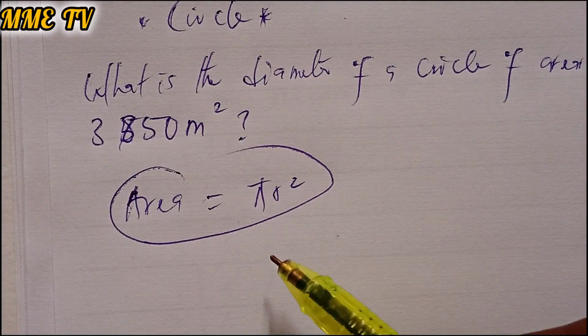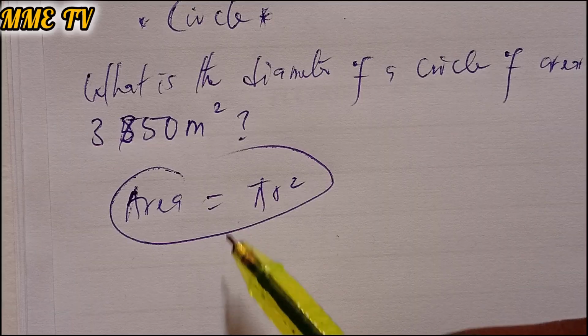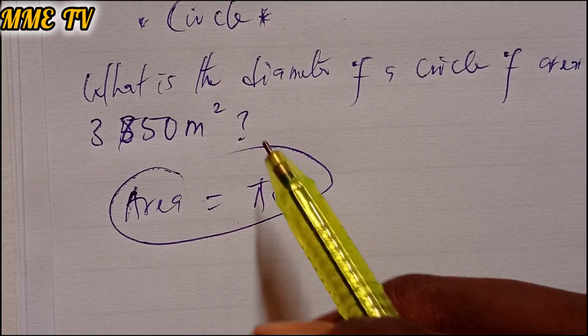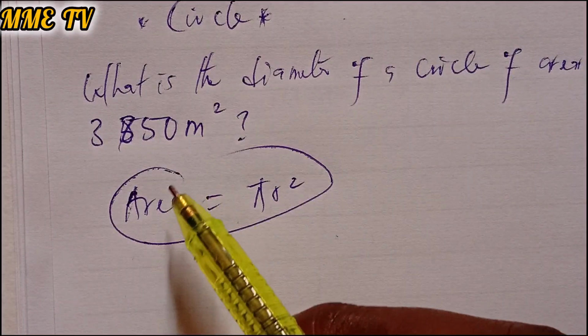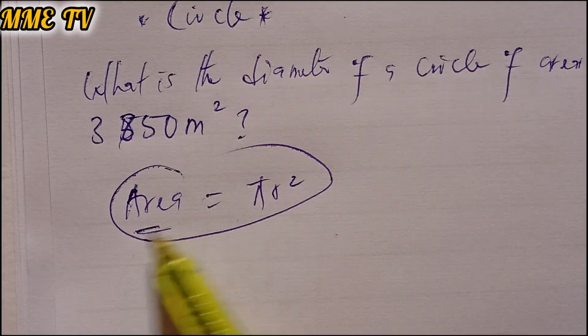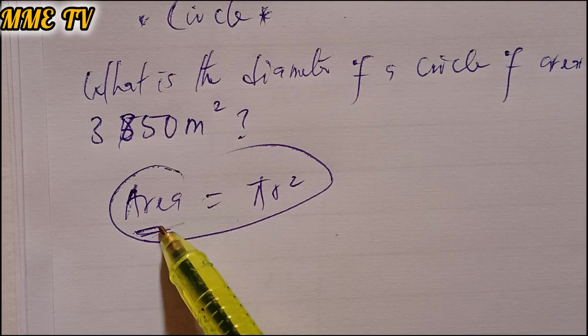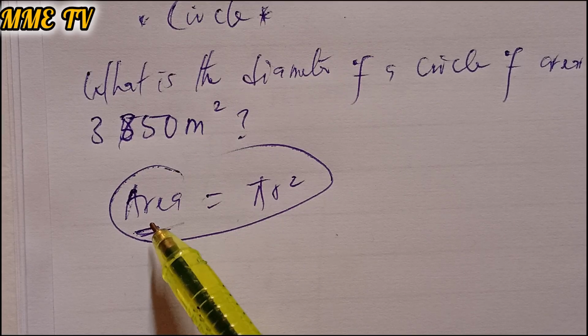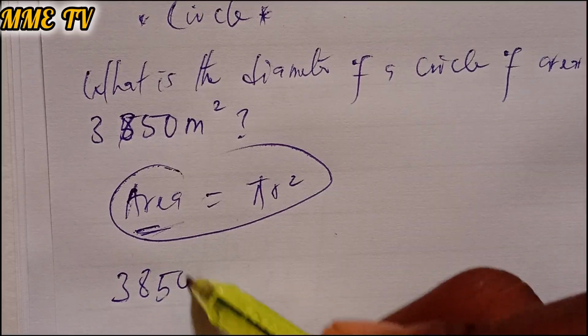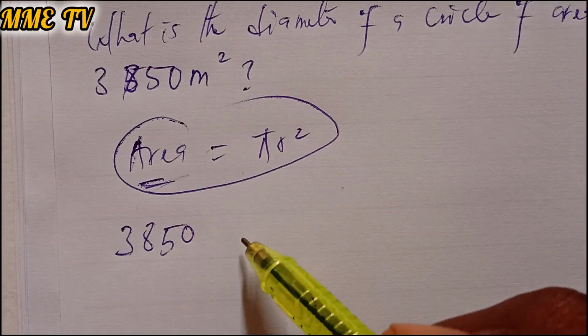But in this particular case, we weren't given the radius, neither were we given the diameter. The only thing that we're given here is the area itself. So what do we do? You will substitute area for 3850. You understand me now?